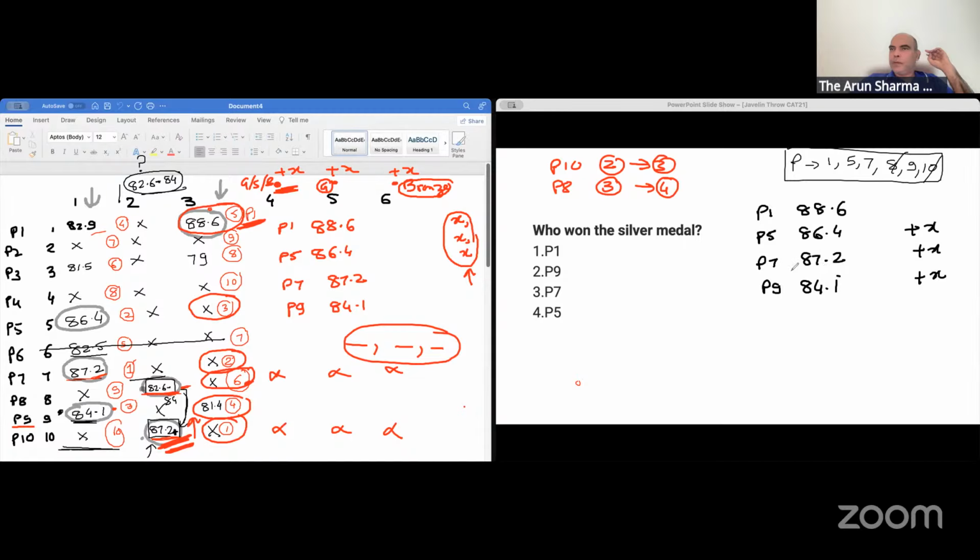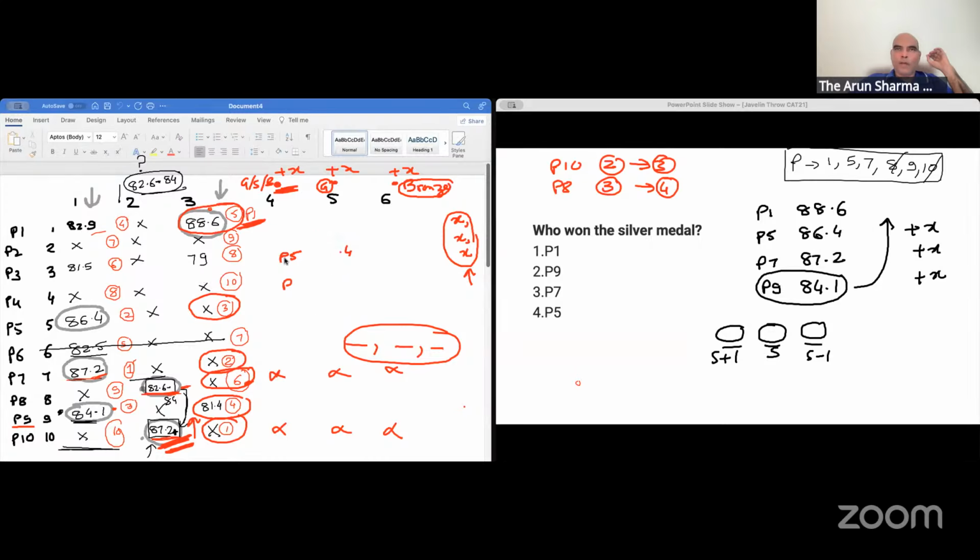One thing I can make out is P9 we can eliminate because for the silver medal he has to go into the 88 zone, 87, 88 zone with 3 numbers. I mean, whatever number you put for him, then +1 and -1. The silver medal +1, somebody will get. The silver medal -1, somebody will get. So it's unlikely that he's going to be the medal winner. So for the time being, we can just say, okay, P9 seems unlikely, but that's not enough for us to answer the question. Let's look at the questions further.